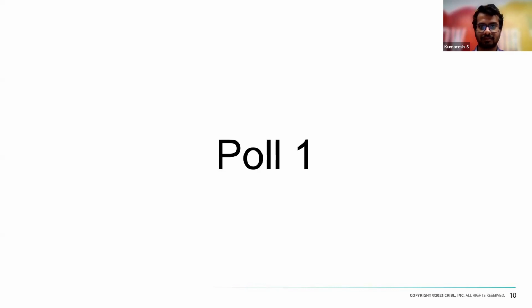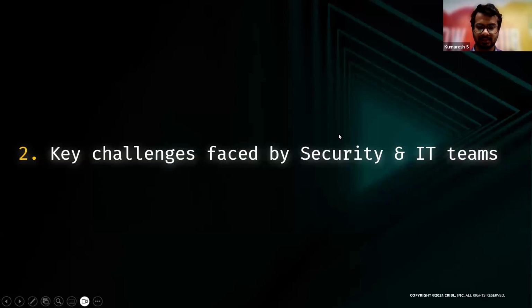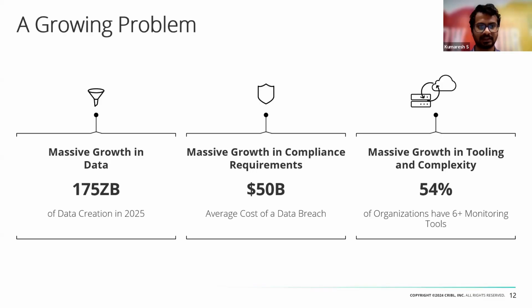Okay, so moving on, I have set up the context in terms of why observability is relevant and what that has done to the number of data sources and number of data destinations in IT environments. Now, what are the various problems or implications of this increase in data sources and destinations?